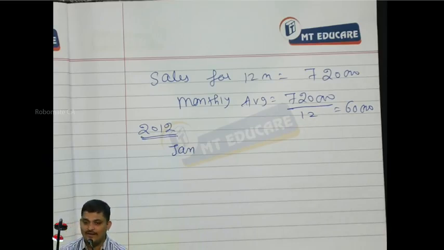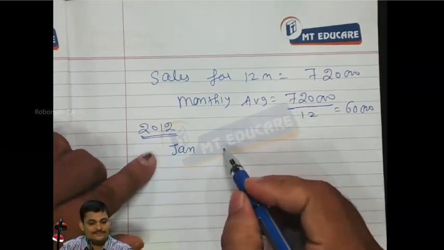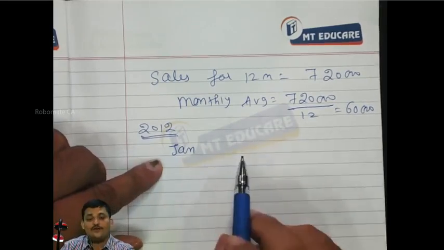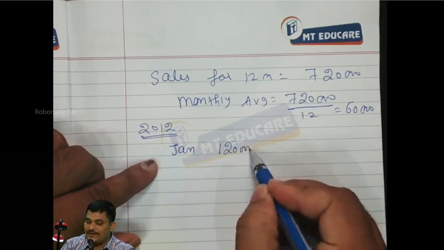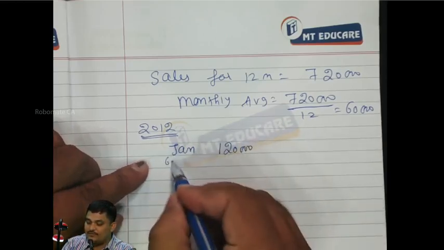If they had expressed January sales as 2 times February sales, then we would express February sales as ₹1, like that. Here everything is expressed based on what sales? Average sales. Understood? So January sales is given as twice the average sales, so thereby 1,20,000, 60,000 into 2.